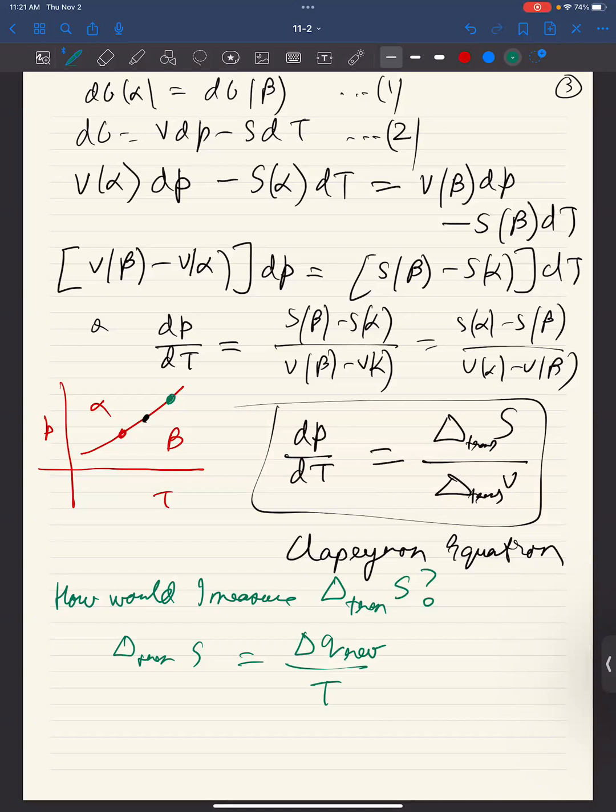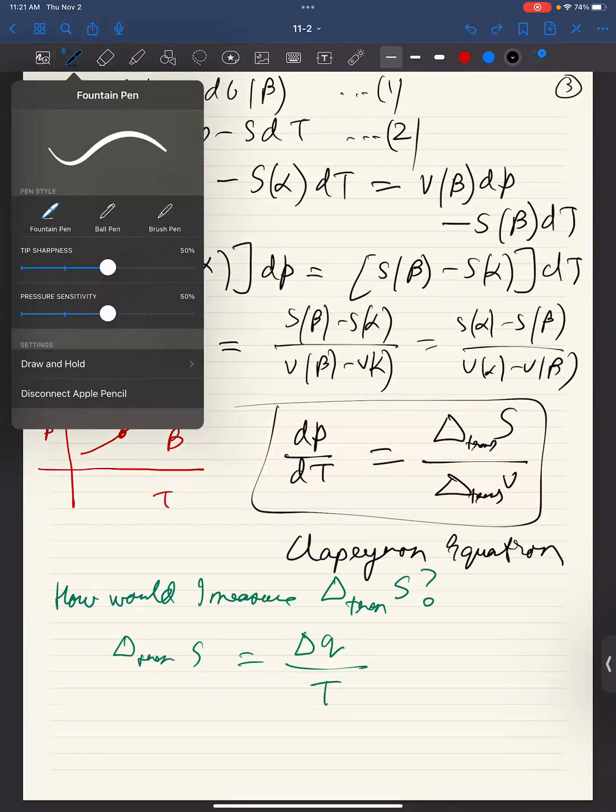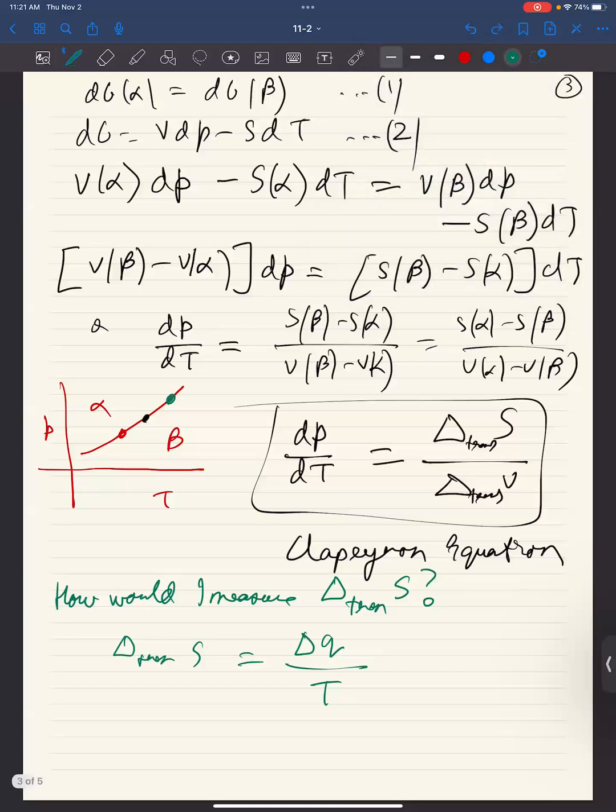In other words, we can write down dP by dT is equal to delta. Let's talk about delta P by delta T because we are using delta on both sides. That is so, and this is reversible. That's very important, because if it's not reversible, this is not true. It's going to be an inequality, right? That's the Clausius inequality.